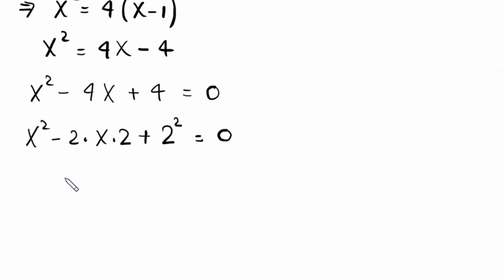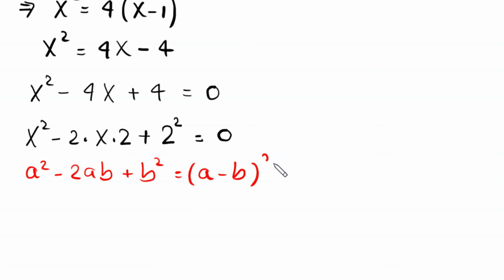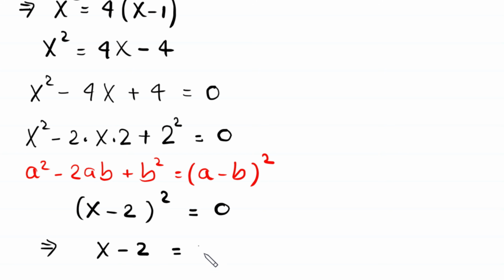By using this algebraic identity, a squared minus 2ab plus b squared equal to (a minus b) whole squared, the left hand side will become (x minus 2) whole squared equal to 0. If we take square root of both sides, this implies that x minus 2 equal to 0, and this implies that x is equal to 2.